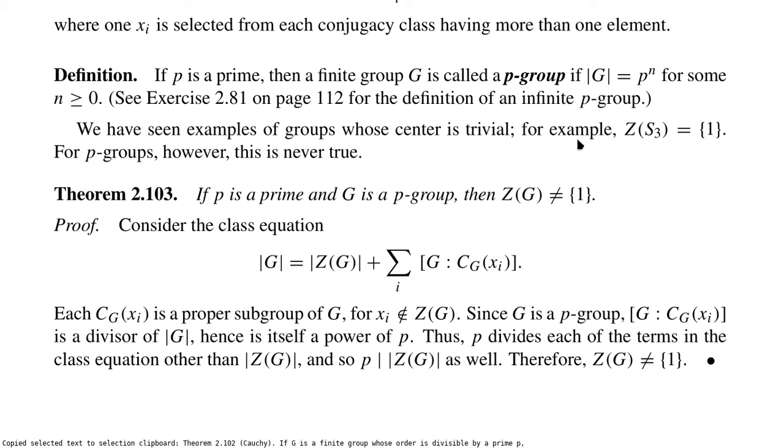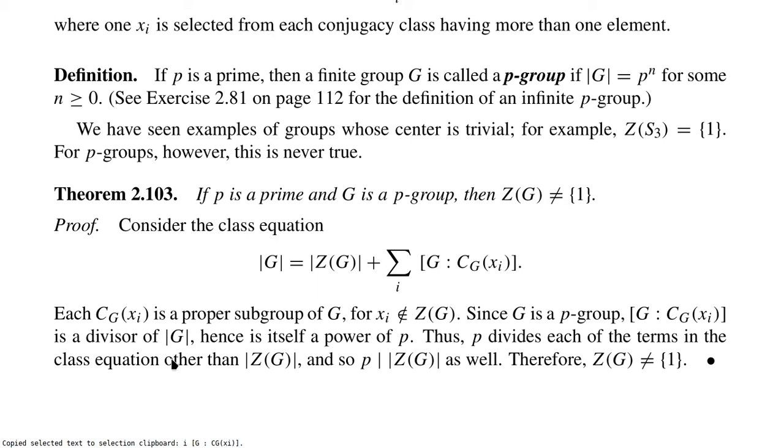But as G is a p-group, the order of G is just p to the n. As we know, p divides all these indexes, so p must divide the order of G as well. Previously the order of G was just p; here the order of G is p to the n. So if it's p to the n and this is a multiple of p, then it's going to divide this.